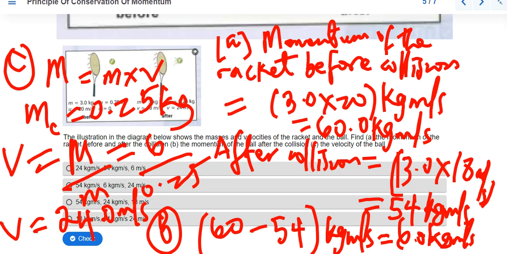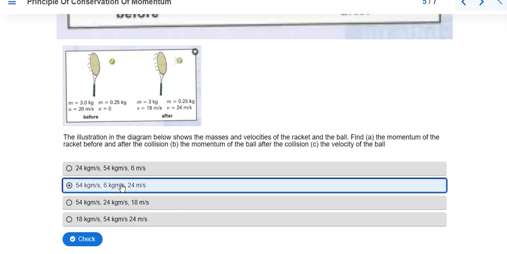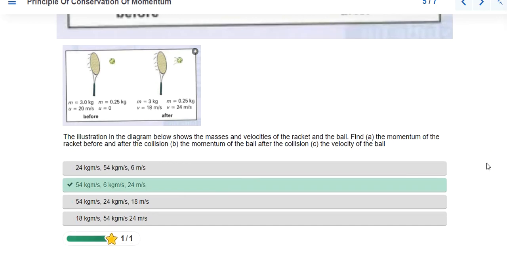So let's see whether we have the options there. All right, 54 kilogram meter per second, 6 kilogram meter per second, and 24 meter per second. Okay, let's check. That is correct. Now let's proceed.